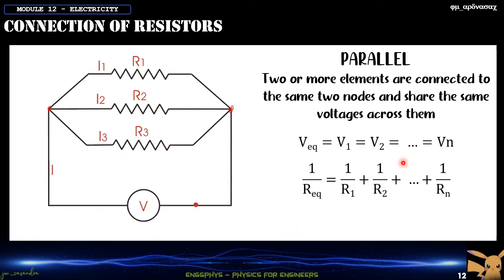Kunin nyo muna yung reciprocal of each resistor before you add them. You do not add the resistors and then take the reciprocal. That's not correct.